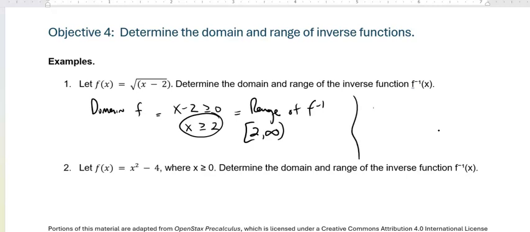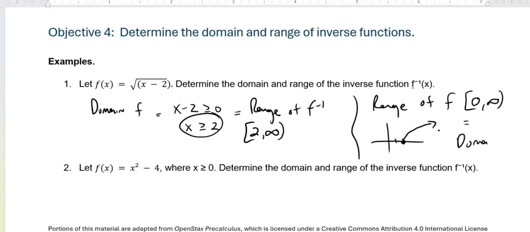All right, so what's the range of f? Range of f. Well, if you know your root function, we don't have to do a lot of work here. You can kind of imagine the graph. It's all positive values, right? So the range of f is 0 to infinity. And that has to be equal to the domain of f inverse.